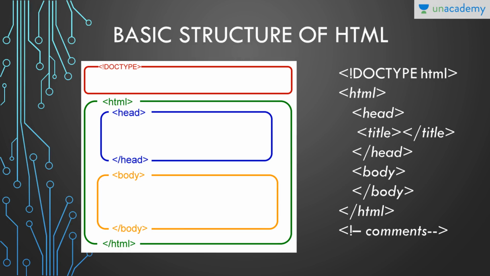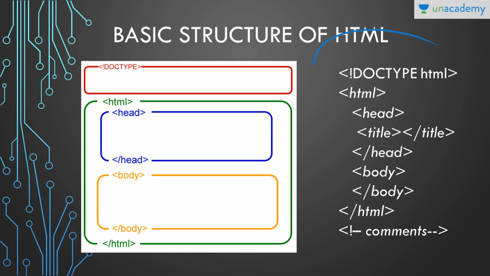Now we can see here the basic structure of our HTML document. This is the basic structure that we will be using in writing our HTML code, right? First of all, you can see I've used the doctype HTML, which is the document type. This is just used for declaration of which version of HTML we are using.